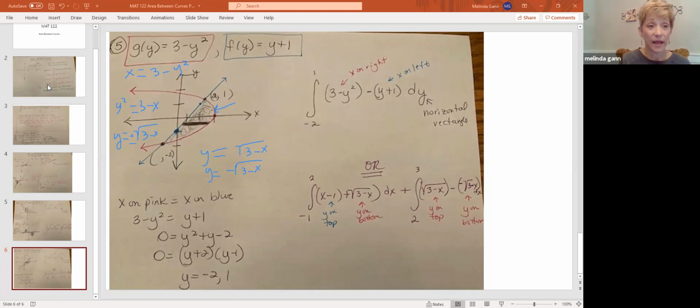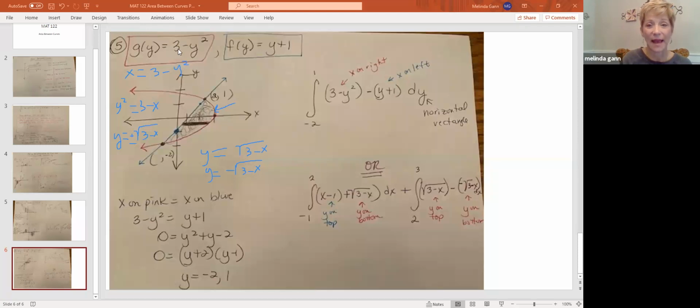Now, back up here, remember you have to have that sheet next to you. If you're doing dy, it's not y on the top minus y on the bottom. It's x on the right minus x on the left. So x on the pink, remember, this is the same thing as x. And I can't put x because it says dy, so it's got to be in terms of y.